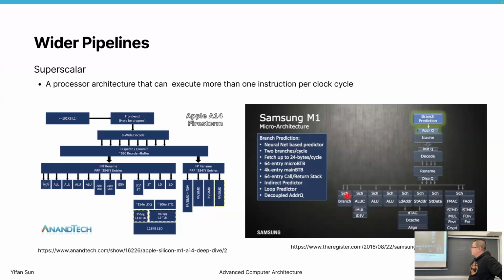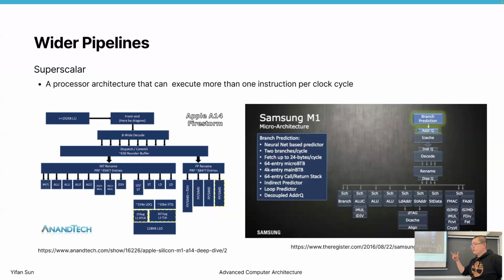On this side, you can see this is the M1. It takes a slightly simpler design, but there's a branch, there's an ALU, load address, store address, store address, fmac, fadd. MAC is multiply and accumulate. So basically, it can perform multiplication and accumulation in one cycle.